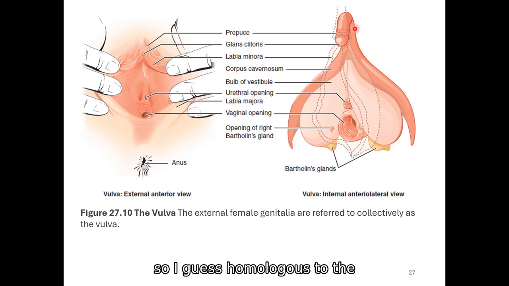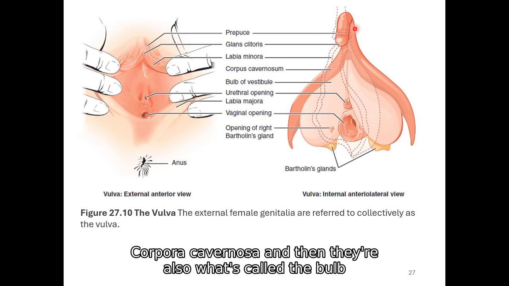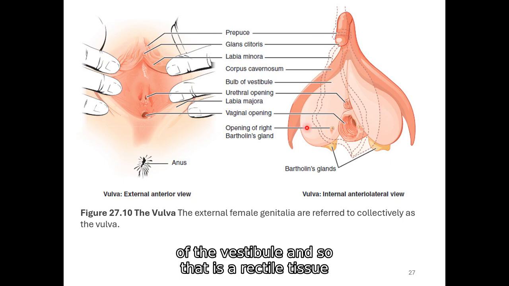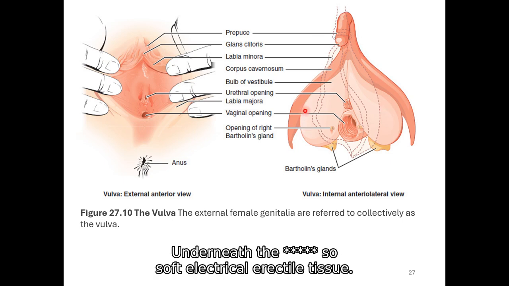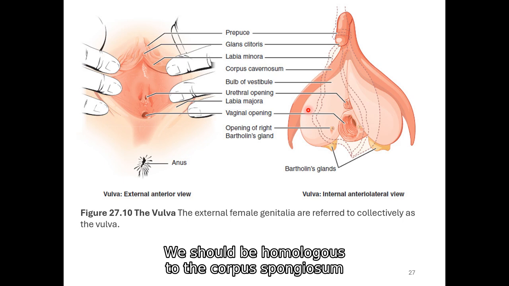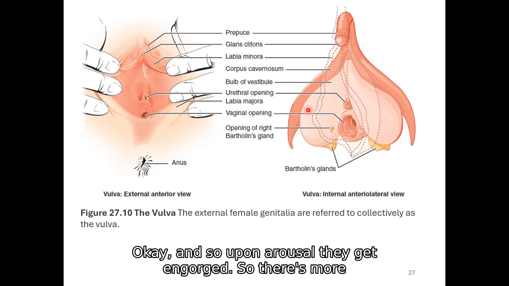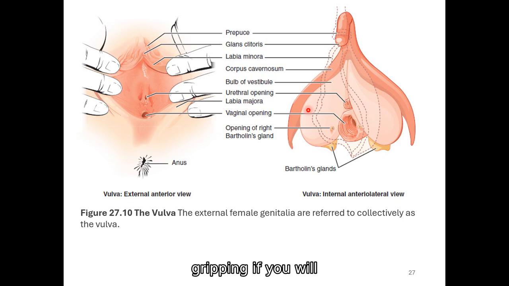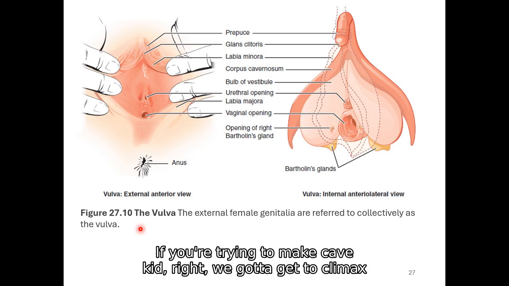So I guess homologous to the corpora cavernosa. And then there's also what's called the bulb of the vestibule. And so that is erectile tissue underneath the labia, so soft erectile tissue, which would be homologous to the corpus spongiosum. Okay, and so upon arousal, they get engorged, so there's more gripping, if you will.